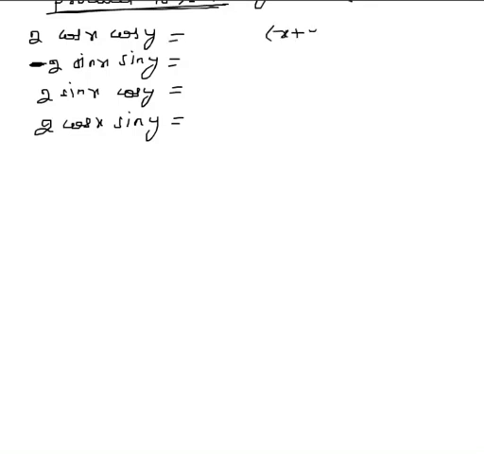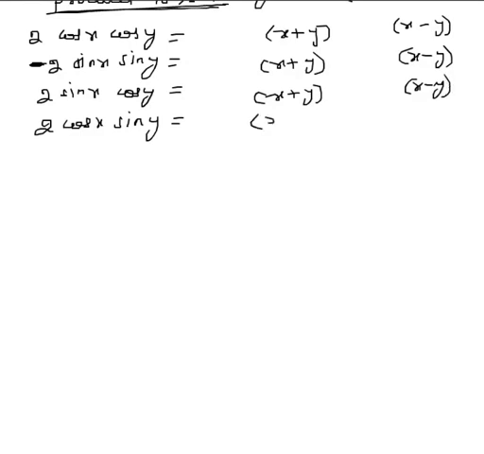So here we will get x plus y and the second one x minus y. Now 2 cos x cos y, both are cos, so here also both are cos with a plus sign in between. And here both are sine, that has a negative sign, therefore cos of x plus y with a negative sign cos of x minus y.